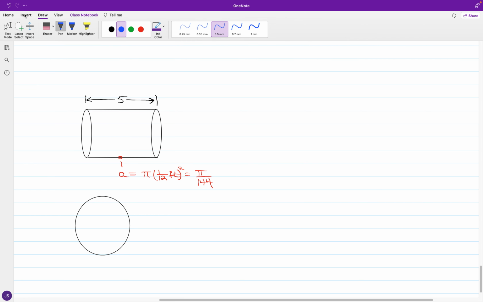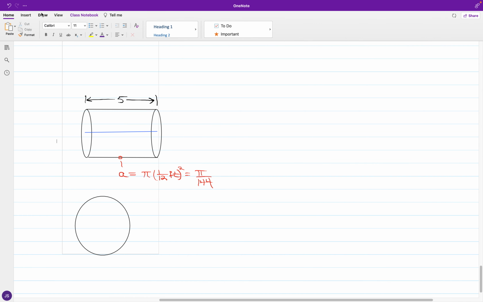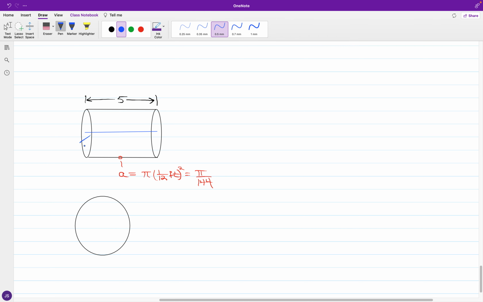Initially, the tank is half full of xylene, not filled, but half full. So the initial liquid level, y naught, is equal to 3.